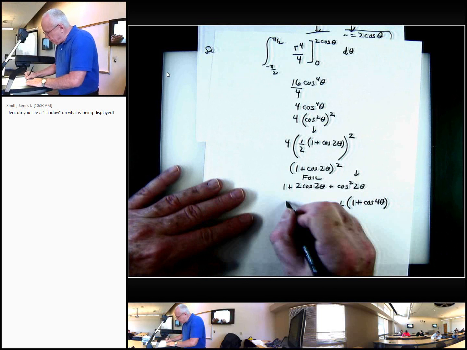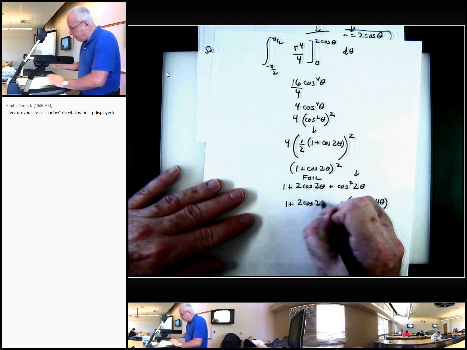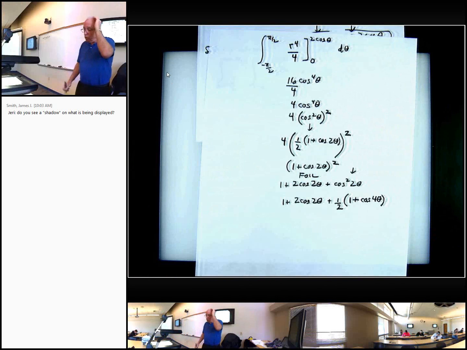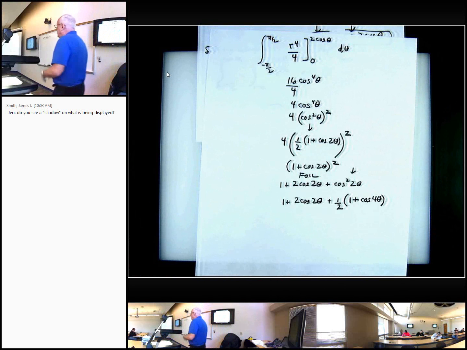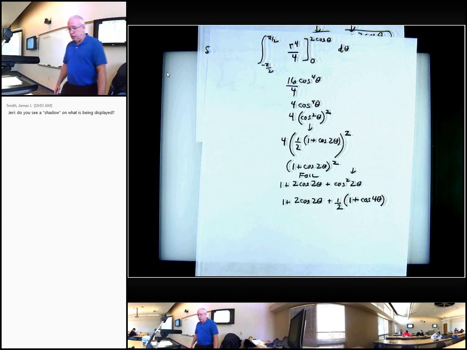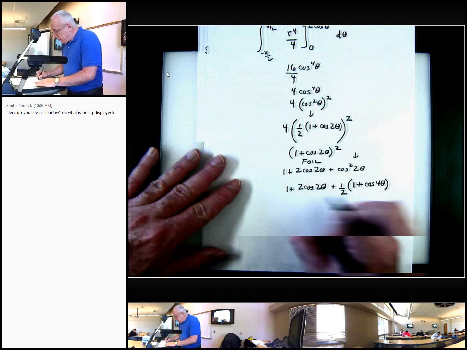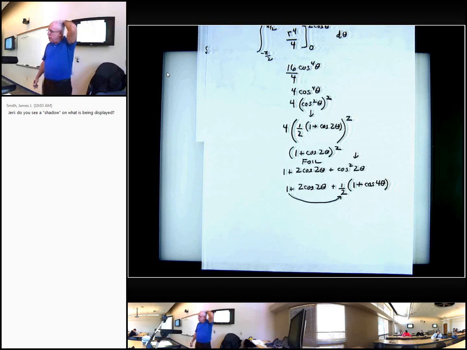And let me write the first two terms here. 1 plus 2 cosine of 2 theta. And then plus. So there's a fair amount of work here. We haven't even done the antiderivative yet. All we are doing is getting this thing ready so we can figure out what the antiderivative is. I'm going to combine the only two like terms that there are, which is 1 plus 1/2.